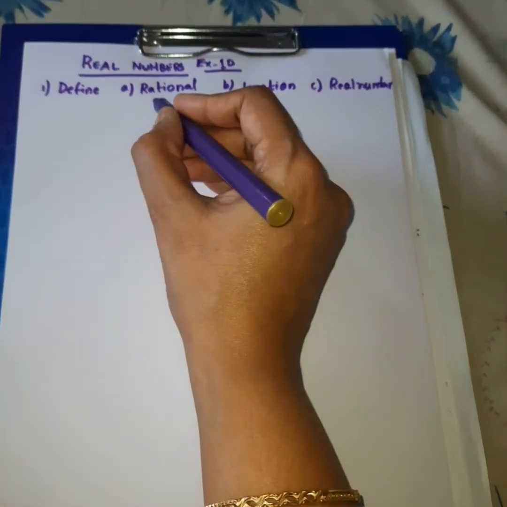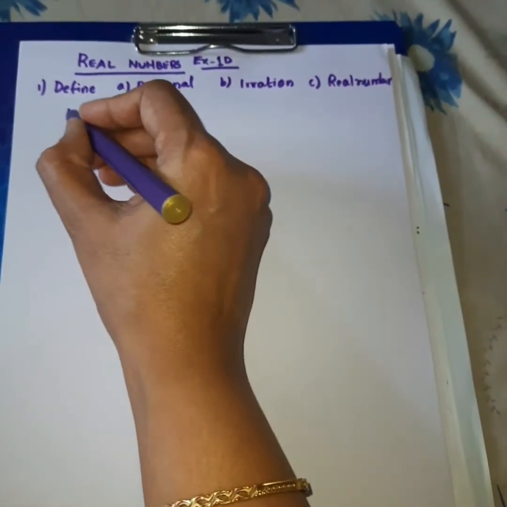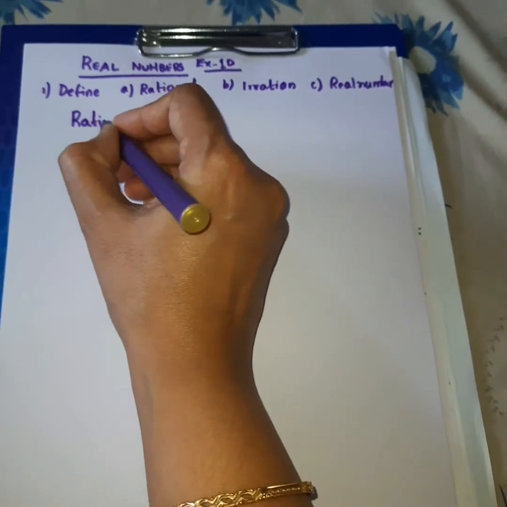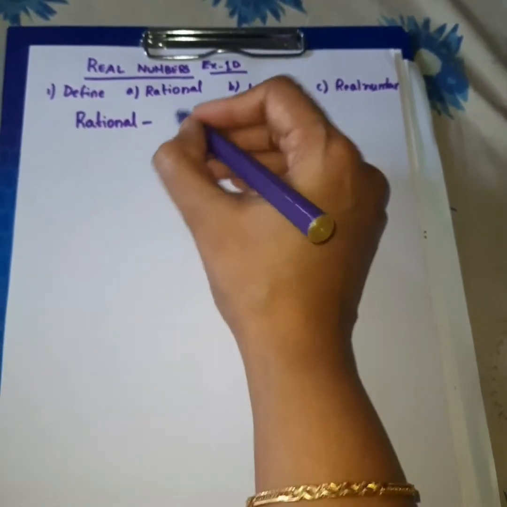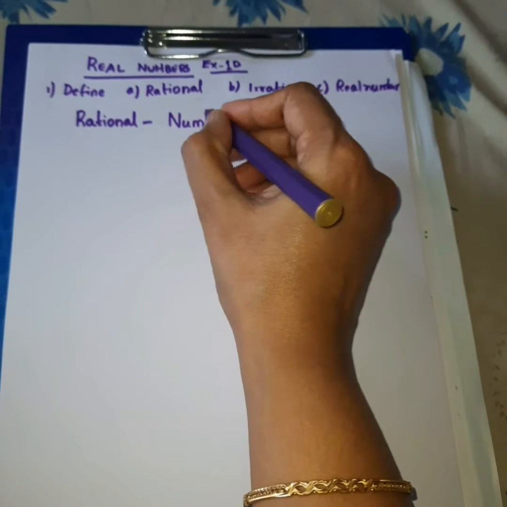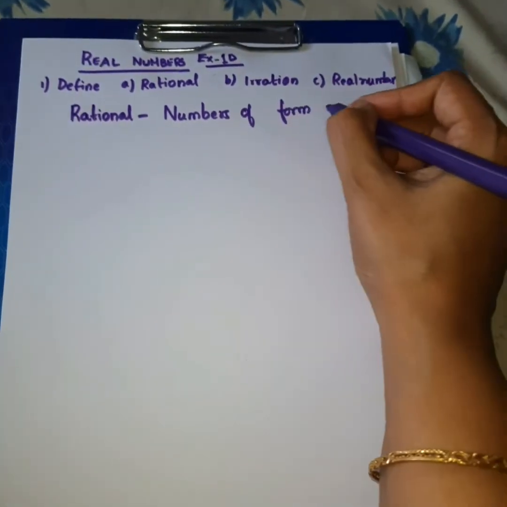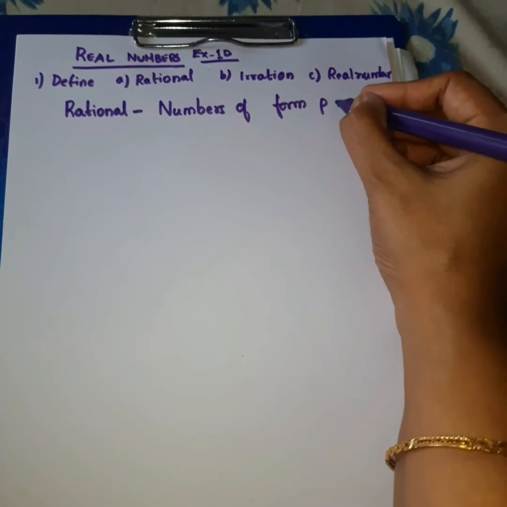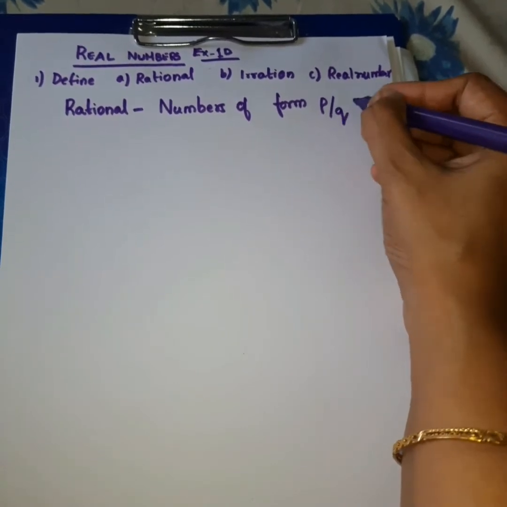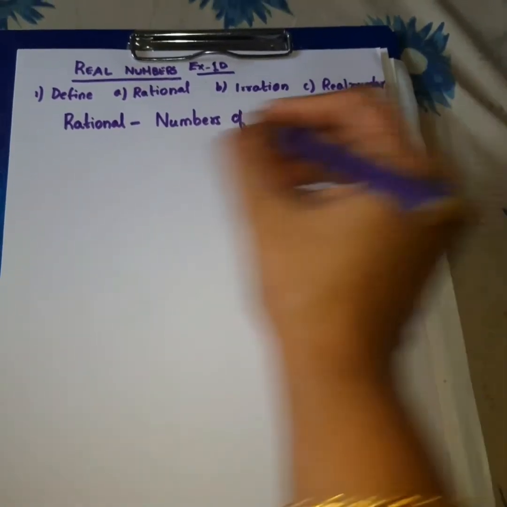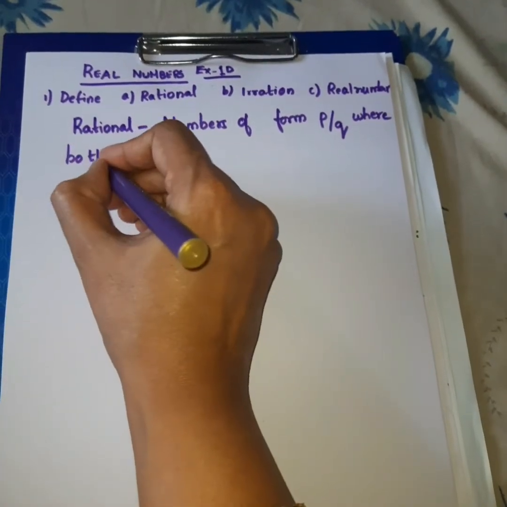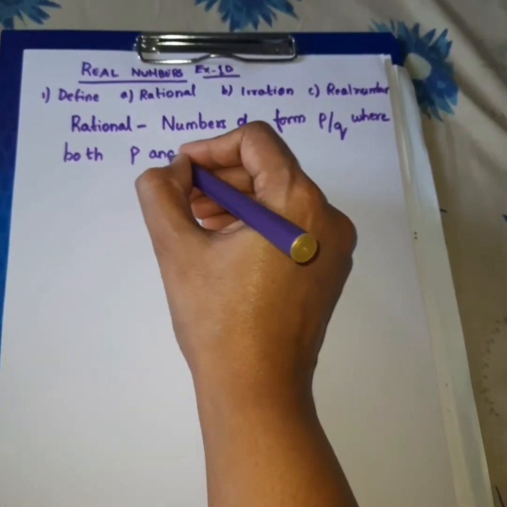So rational number is nothing but a number of form p by q, where p and q both are integers and q is not equal to 0.